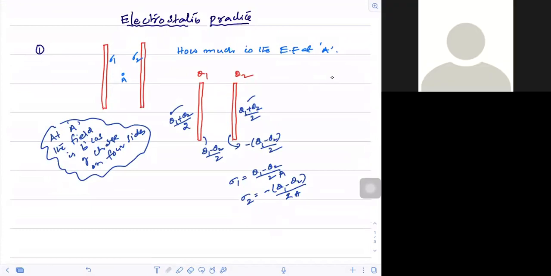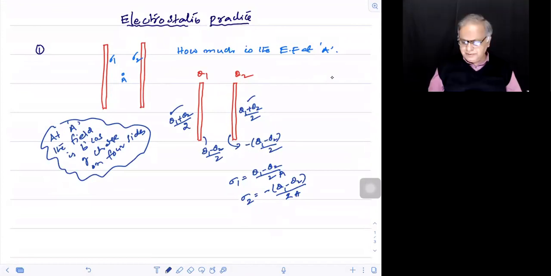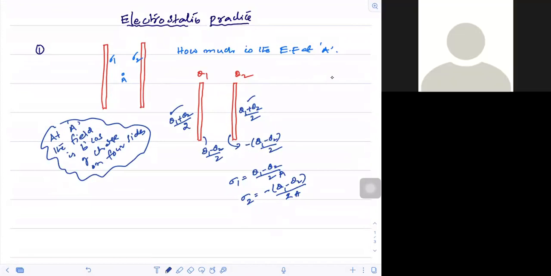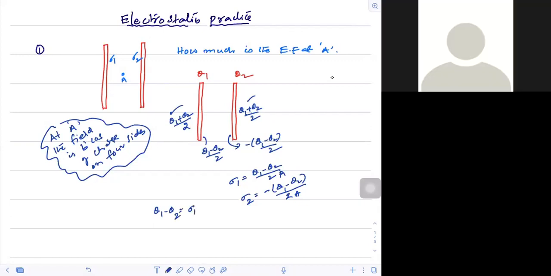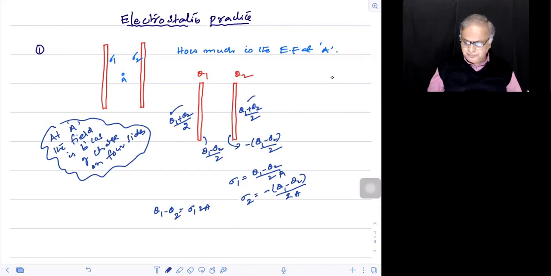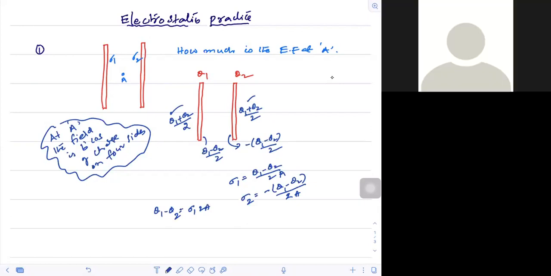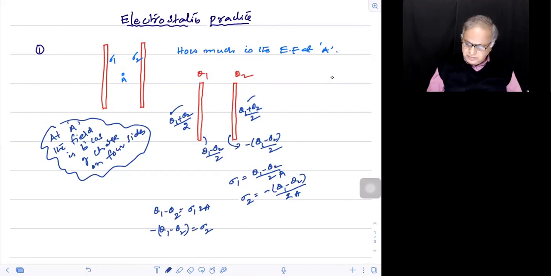After that, for charge, we can write in terms of sigma, and E we can write from there. Okay, now tell me. Q1 minus Q2 equals sigma 1 into 2A. Yes, sir. And minus of Q1 minus Q2 will be sigma 2 into 2A. All right. So field here, this is plus charge, this is minus charge.